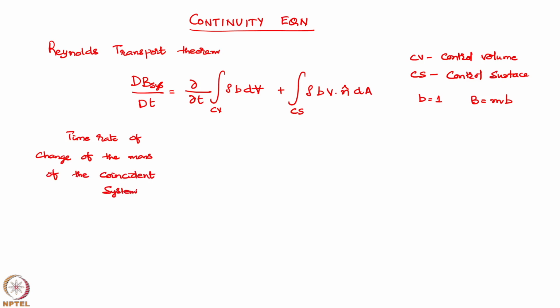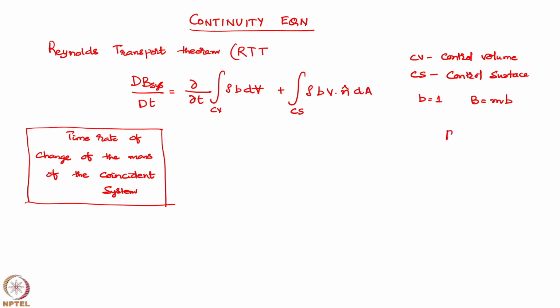On the left hand side, you have the equation which you can apply for the system, and that is for conservation of mass. Mass is conserved for the system, we know that. But how do I apply it to a control volume? I have to apply RTT, that is Reynolds transport theorem.